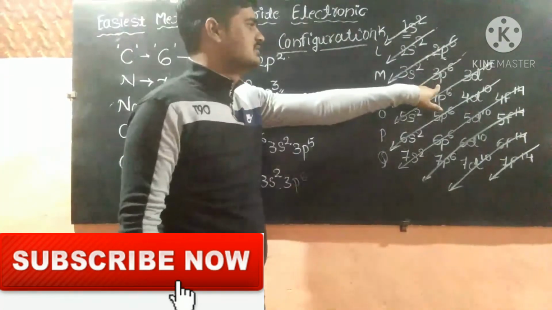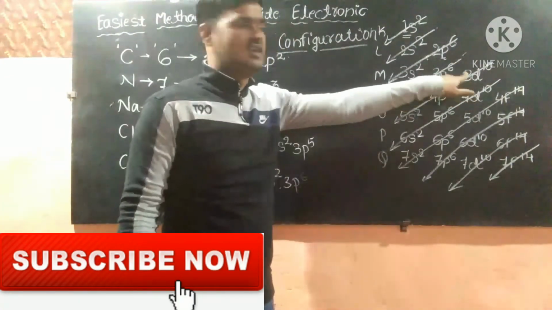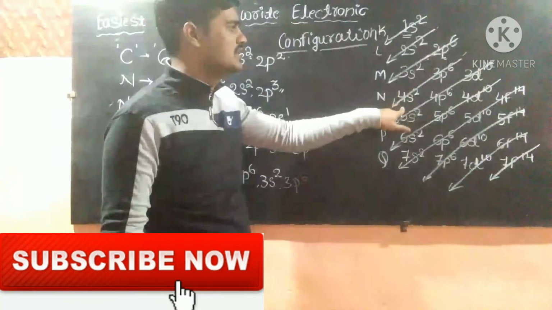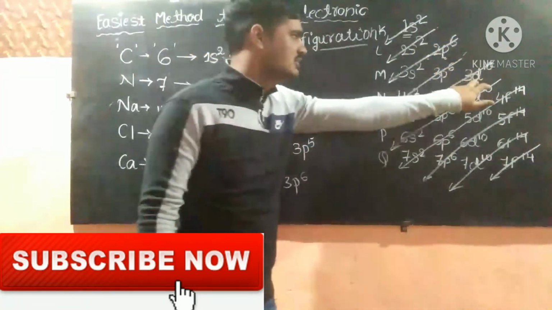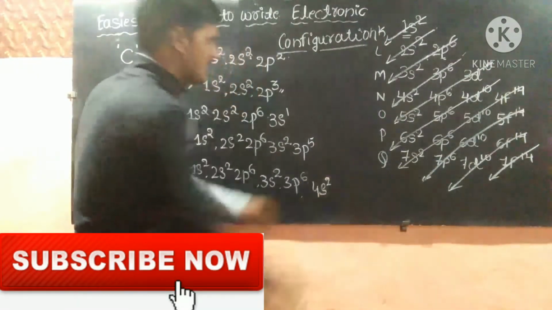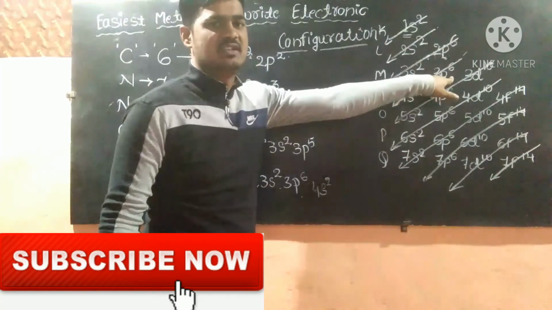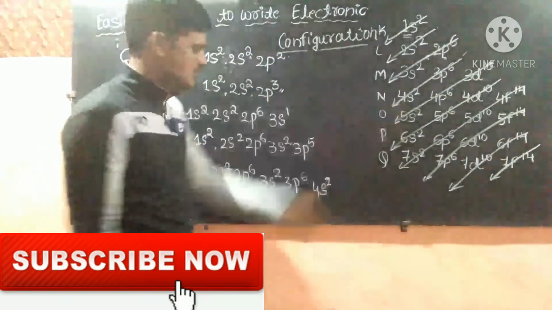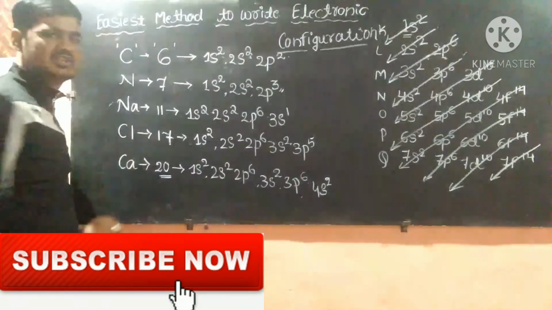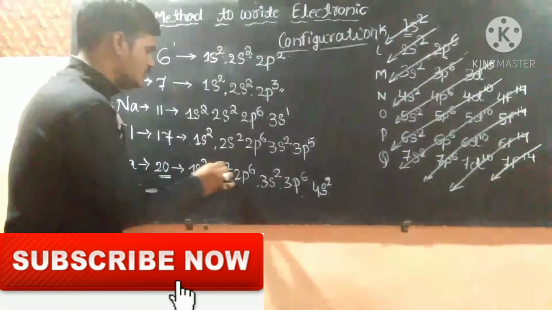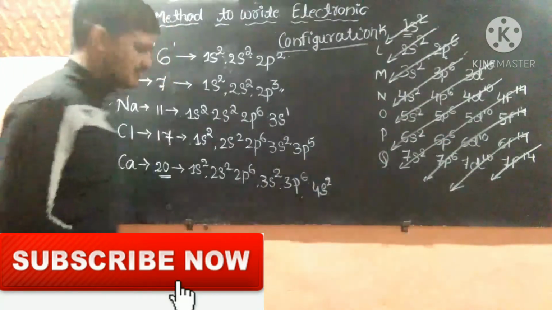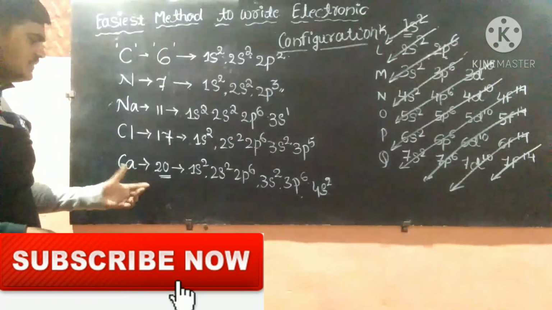After 3p6, we should not write 3d10, we have to write 4s2. The arrow mark has gone to 4s2, so we write 4s2; electrons needed after that will have to come from 3d10. So we write 4s2 because after 3p6 the arrow mark comes to 4s2. Now count the electrons. It should be 20 because the atomic number of calcium is 20. 2 plus 2 is 4, 4 plus 6 is 10, 12, 18, 20. So this is the electronic configuration for calcium.